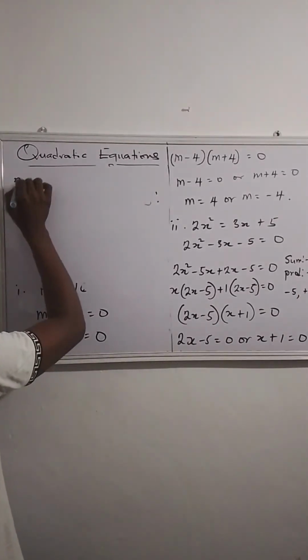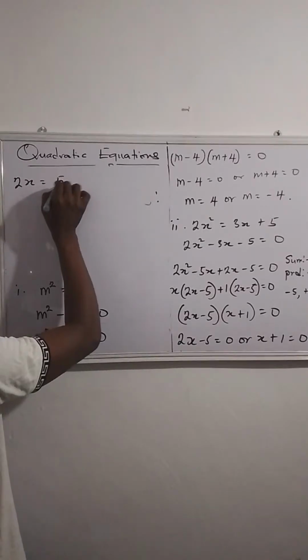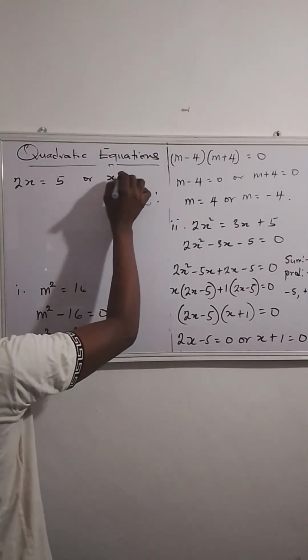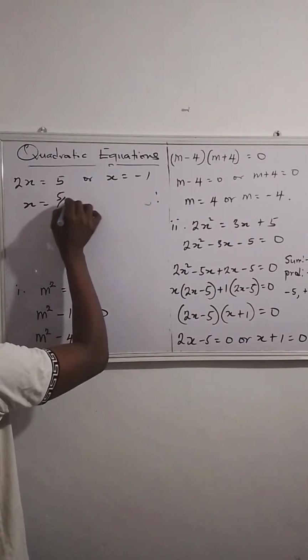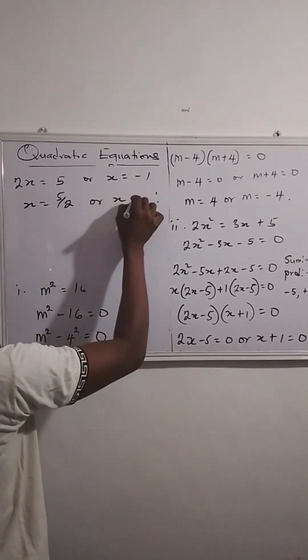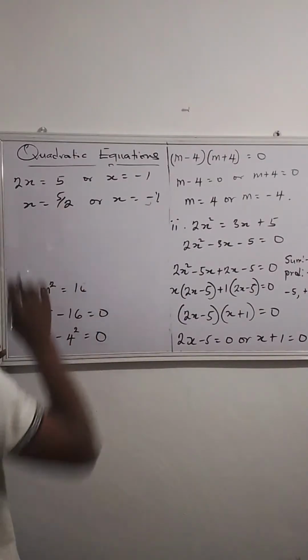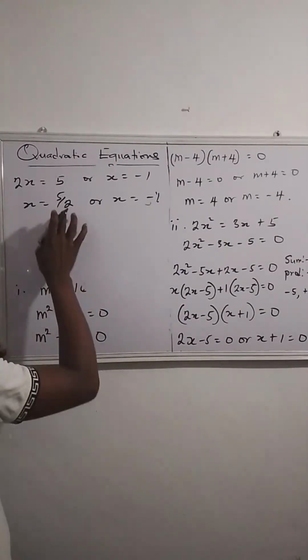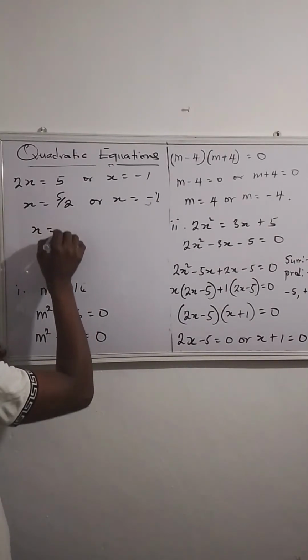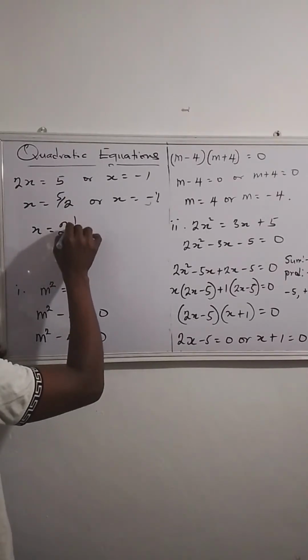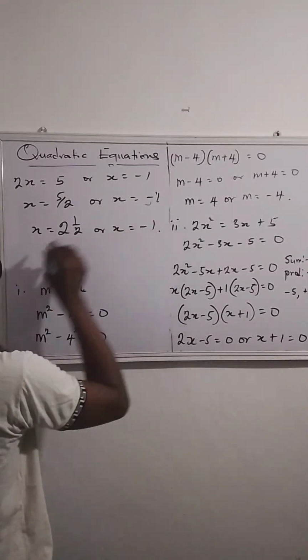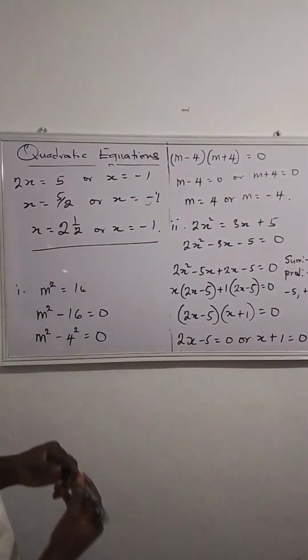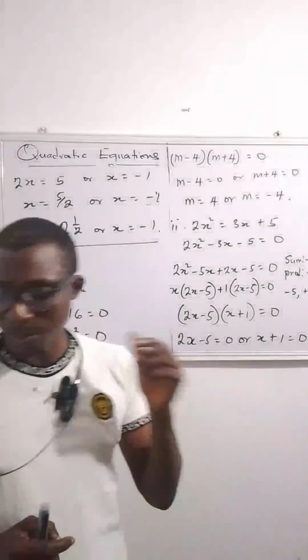So you have 2x equals to 5 or x equals to minus 1. So you have x equals to 5 over 2 or x equals to minus 1. You can divide both sides and simplify this. You have x equals to 2 whole number 1 over 2 or x equals to minus 1. So that is the answer to the problem.